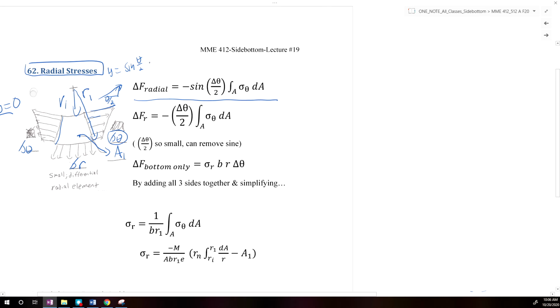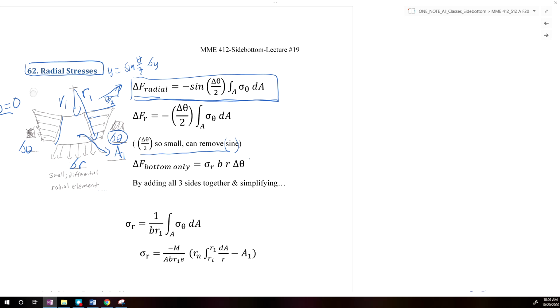So if we plug that in and integrate it across the whole cross-sectional area, we get our radial force due to our tangential stress being equal to negative sine delta theta over 2. We can simplify this because delta theta over 2 is very, very small, so we can approximate sine of delta theta over 2 as just delta theta over 2.